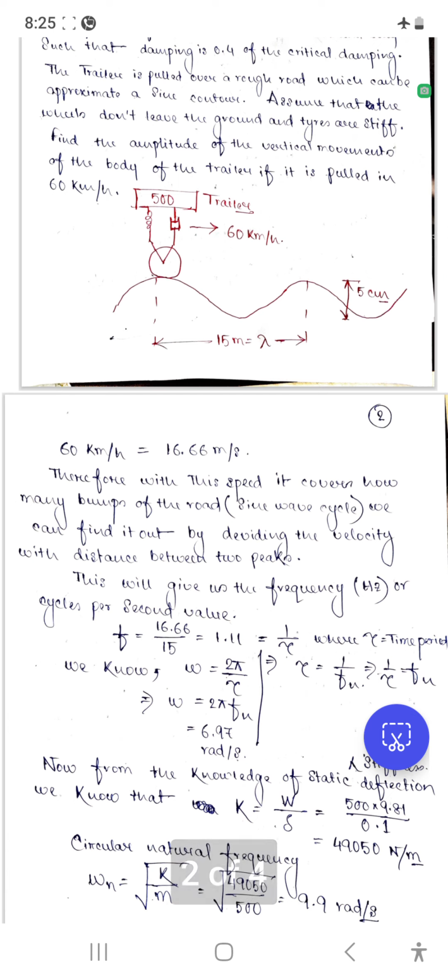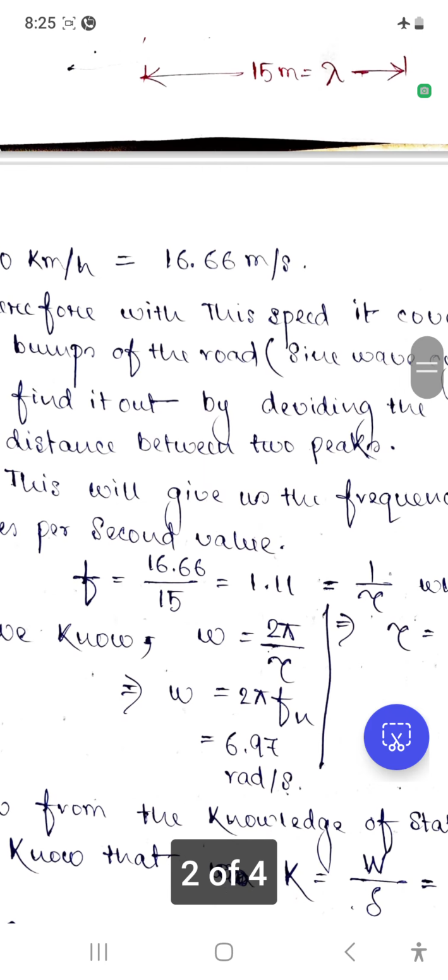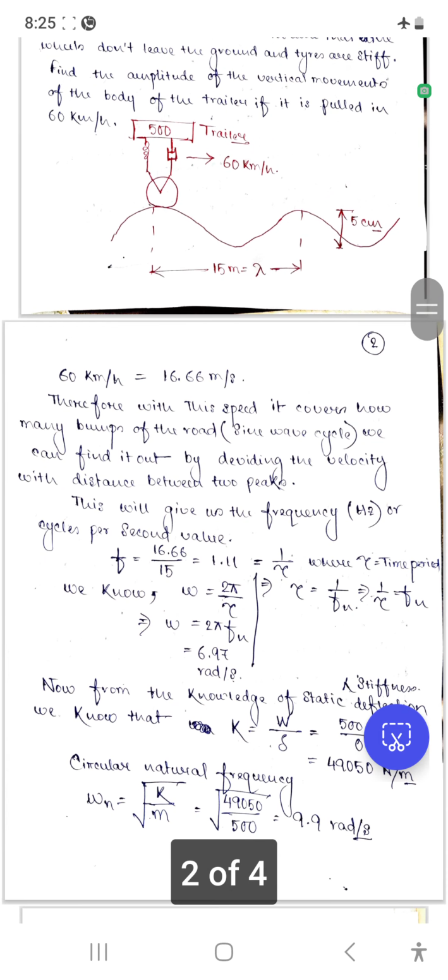Okay, that is the only thing. ये कितने speed पे, और एक चीज़ क्या है कि ये एक एक cycle को, road का एक एक sine wave जो है, एक cycle है road का, एक एक cycle को कितना time लेके cover कर रहा है, जहाँ से cycle per second आपको hertz is frequency मिलेगा, उस frequency से आपको ये relation जो है circular frequency मिलेगा. Okay, so even if any information is missing, you must be sure that there is another information which is given which can be used to obtain that missing information. तो इसी तरह का ये problem होता है.